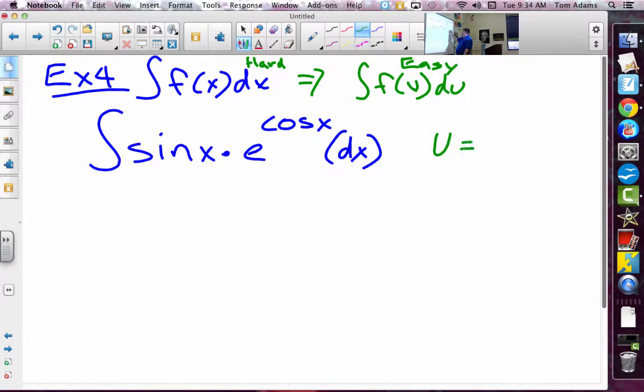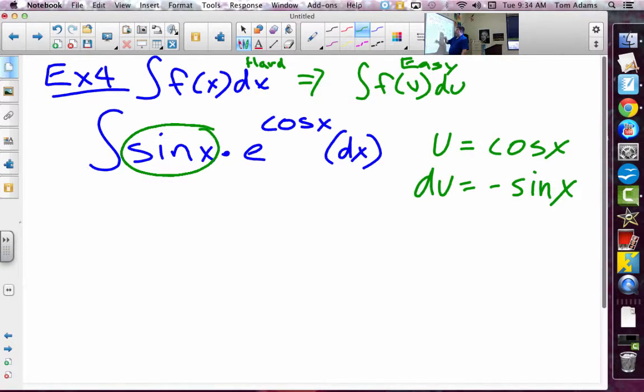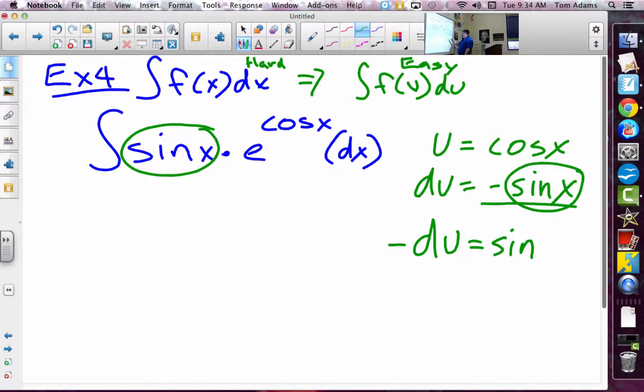If I let u equal cosine of x, then du is equal to negative sine of x. I have sine of x here and sine of x here, so I have to address this negative sign. If I multiply both sides by a negative, I get negative du is equal to sine of x.